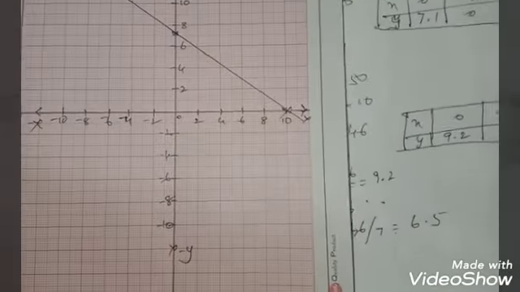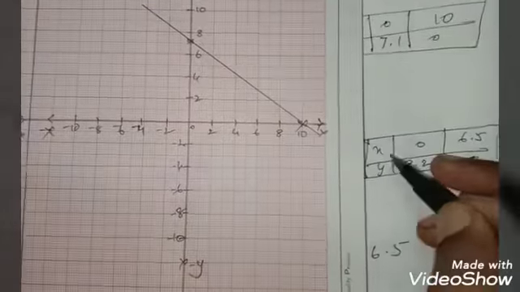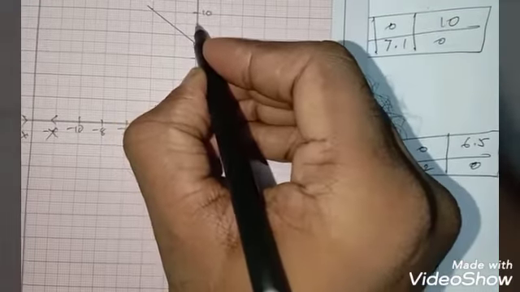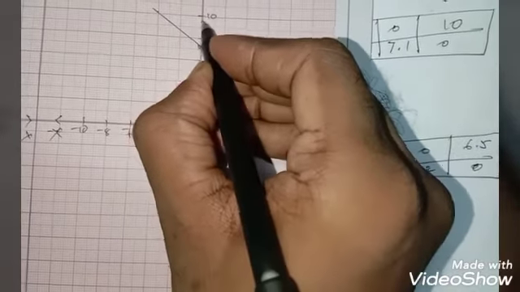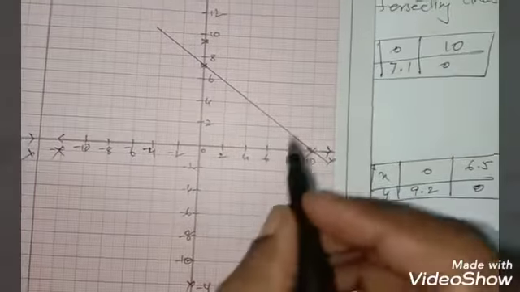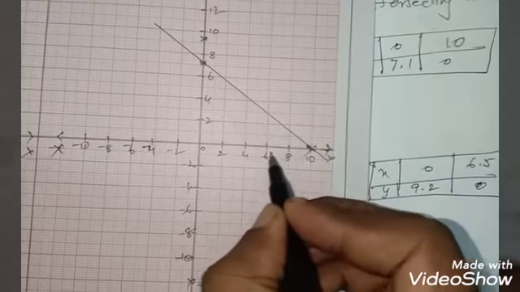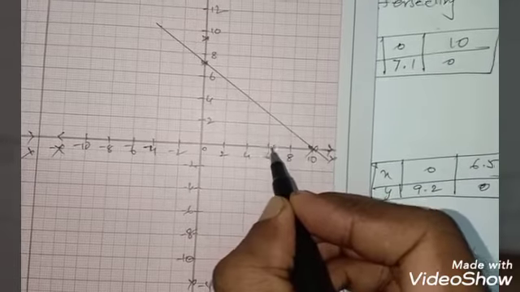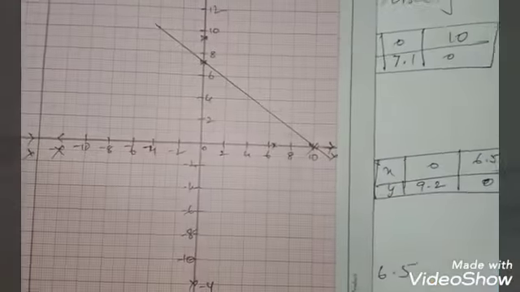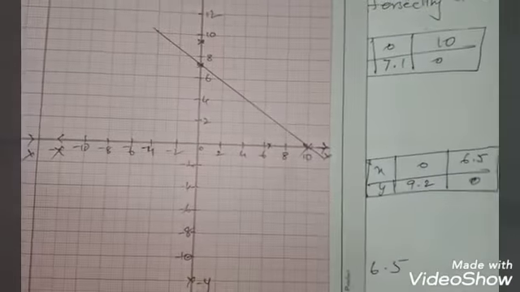Next you have to plot your second points, that is x is equal to 0 and y equal to 9.2. For x 0, y 9.2 means somewhere here, this is 8, this is 9, so 9.2 is somewhere just above 9. Next 0 and 6.5, 6.5 is somewhere here. This is 6, this is 7, and in between 7 and 6 you get the point 6.5. Now join these 2.